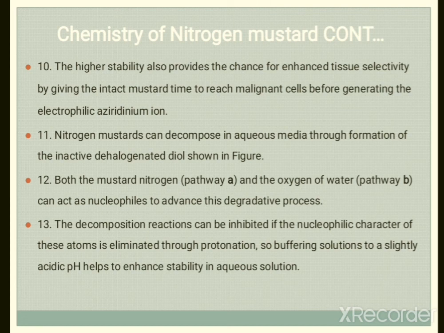The decomposition reaction can be inhibited if the nucleophilic character of these atoms is eliminated through protonation. So buffering solutions to slightly acidic pH helps enhance the stability of aqueous solutions.